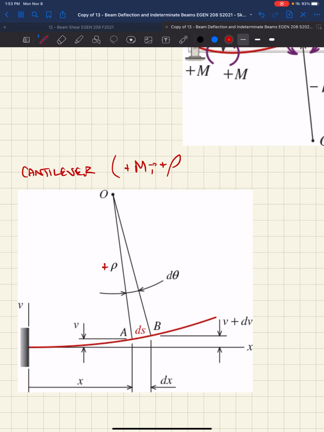And we look at a small portion of this diving board between points A and B. This small portion of diving board from A to B is going to have a length ds. That's what we're going to call it, ds.